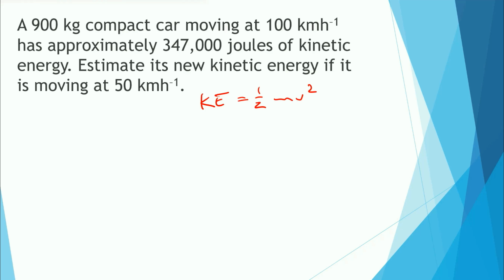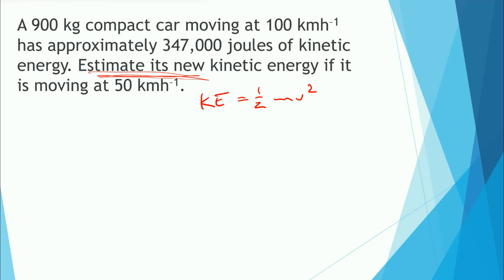We can take our 50 and divide it by 3.6, and that will give us the speed in meters per second instead. So we could just do a straightforward calculation, but because the question uses the terminology estimate its new kinetic energy, that sort of tells us that maybe we don't need to do the full calculation.